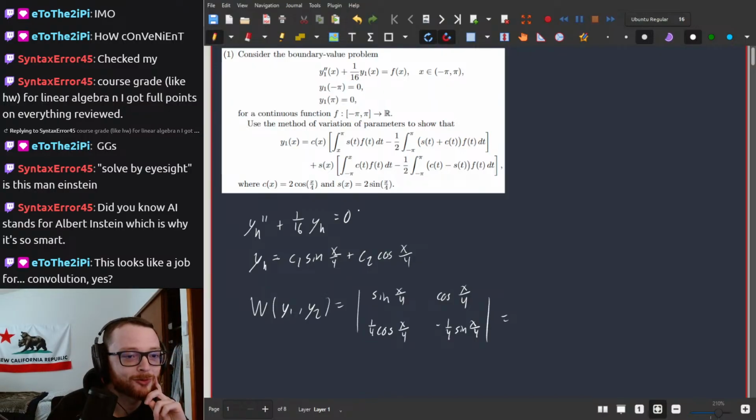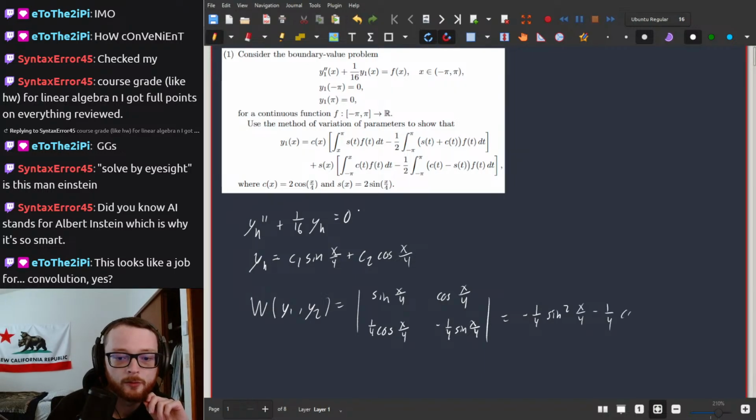It's like a job for convolution. Is it? I know what convolution would mean in this context. I'm more used to seeing it with Fourier transforms and Laplace transforms. Determinant: 1/4 sine squared x over 4 minus 1/4 cosine.